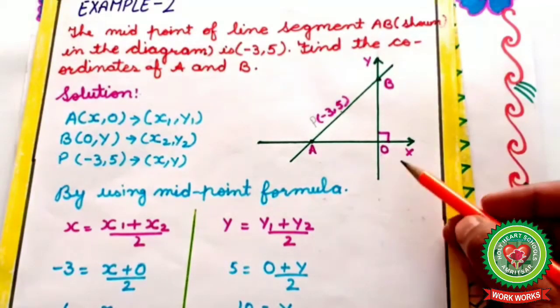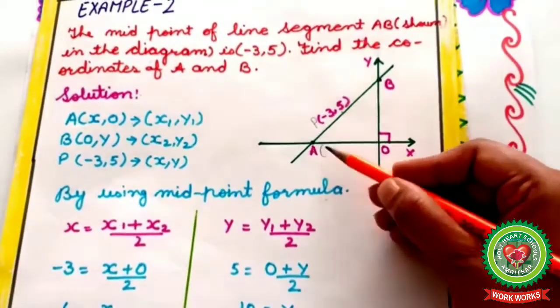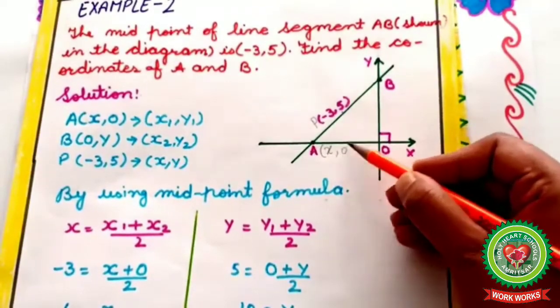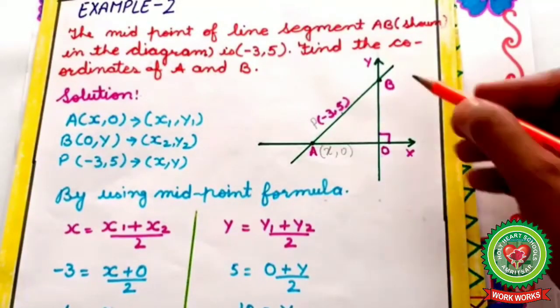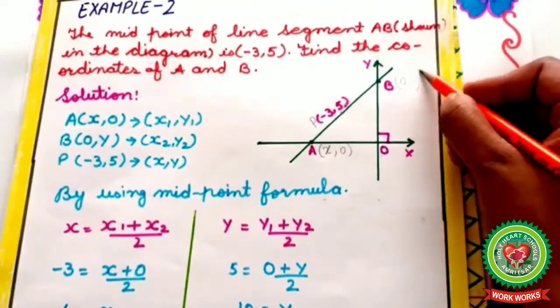So according to the figure, A lies on the x-axis. It means the coordinates of A are x and 0, and B lies on the y-axis, so the coordinates are 0 and y.